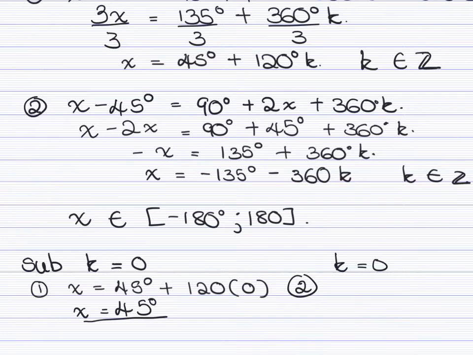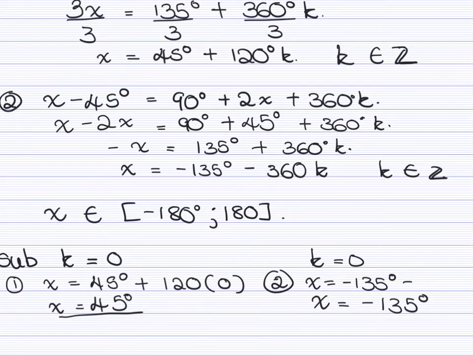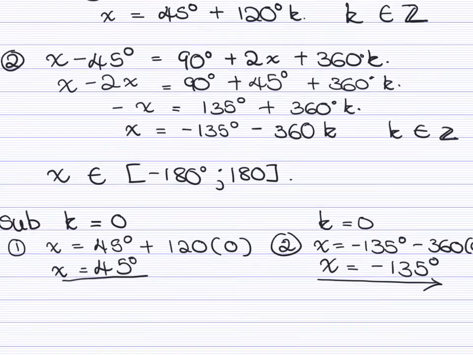I do that and I get x equals −135. I'll just write it out for you so that you see what I did exactly. Where I saw k, I substituted in 0, then my final answer was x is equal to −135. So we've tested k is equal to 0.